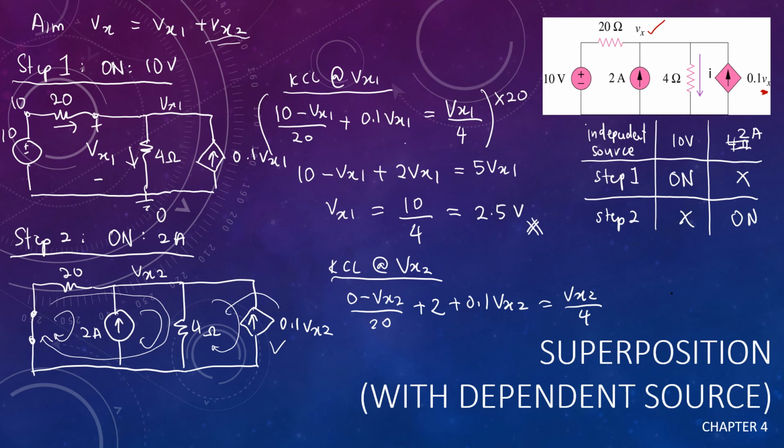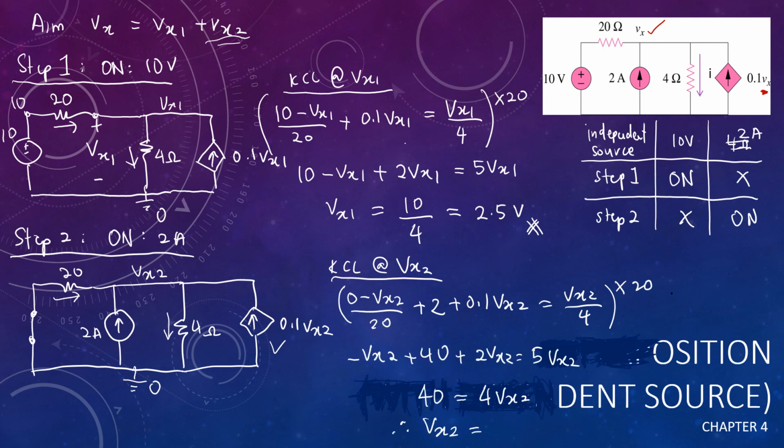So it's better to use nodal analysis. You can give the current direction in any direction you like, then apply the passive sign convention, and you can get the answer. The equation is reduced from 2 to only 1. Simplify this and you get Vx2 equal to 10.